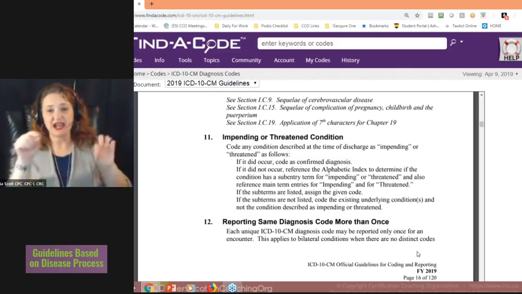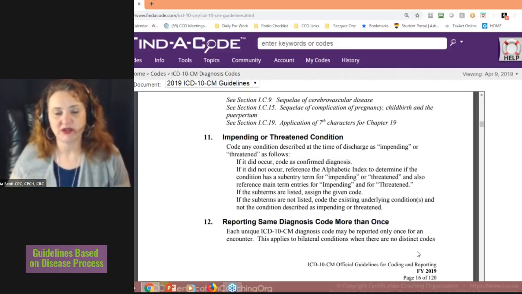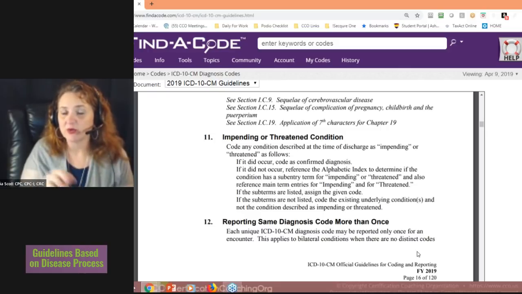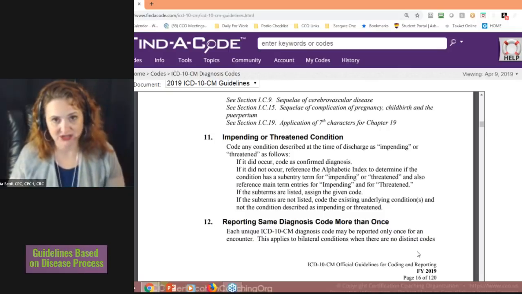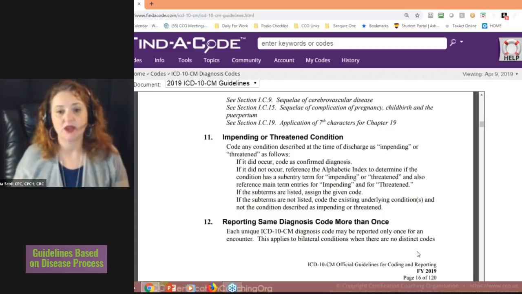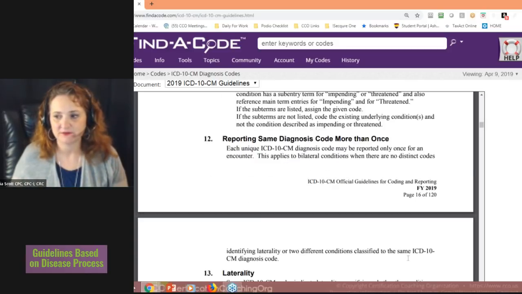Can they use that verbiage and say impending amputation if we can't get this diabetic ulcer healed? Yes, but don't confuse that with a diagnosis. That's a description. The disease process is, if we have an amputation, we have an amputation. You don't have a pending or threatened amputation. That's not a diagnosis. We have to understand the disease process and the verbiage that is affiliated there.